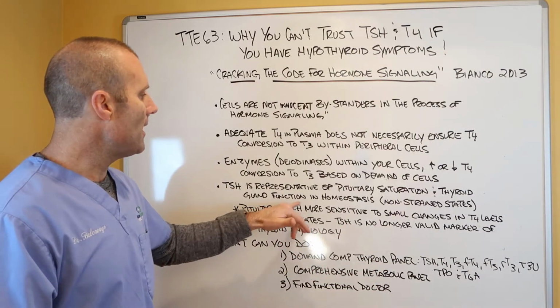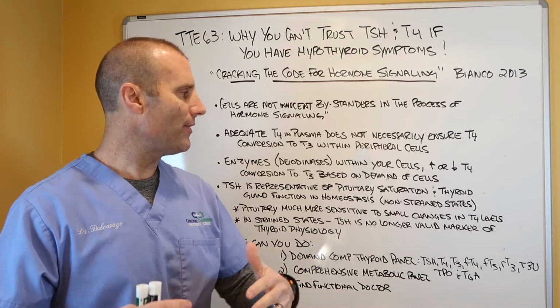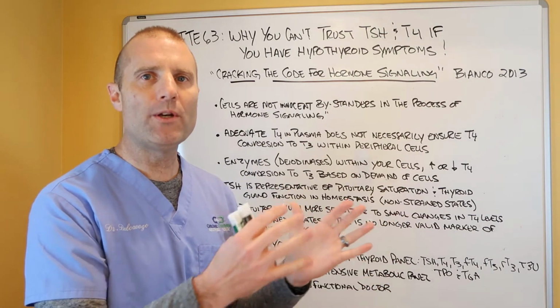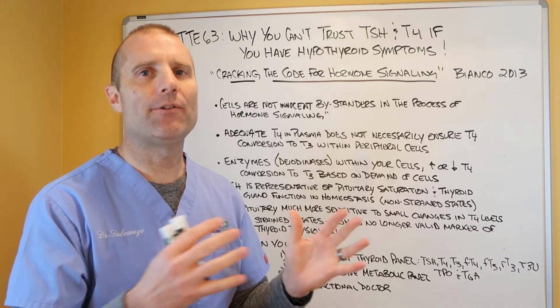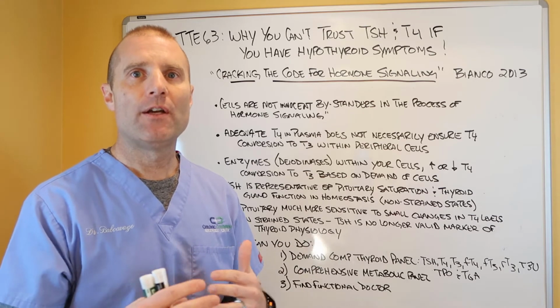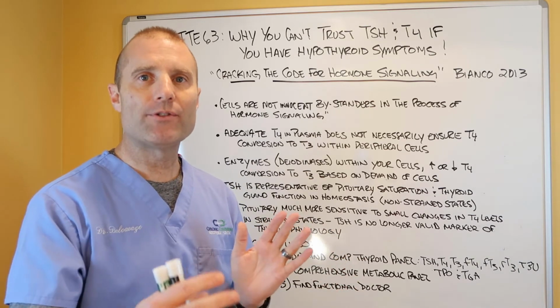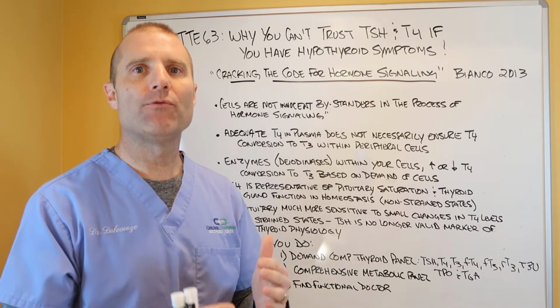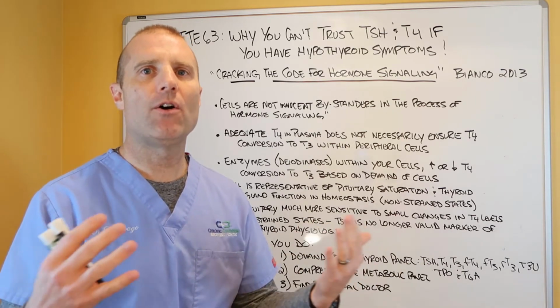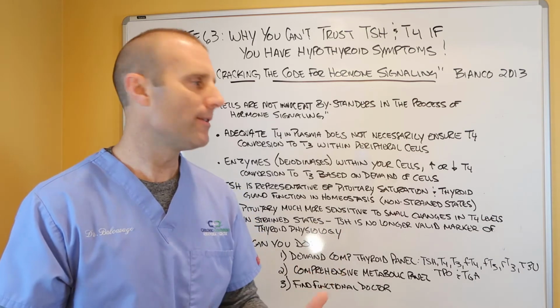And when you're not in homeostasis and you have this stressed state, the body goes from a thyroid homeostatic state to a thyroid allostatic state, where it changes thyroid hormone levels, TSH, T4, T3, free T4, free T3, reverse T3, based on the stress coming onto the body and onto the cells.